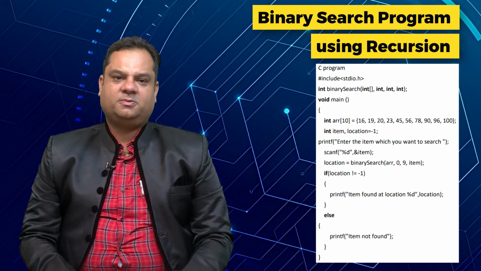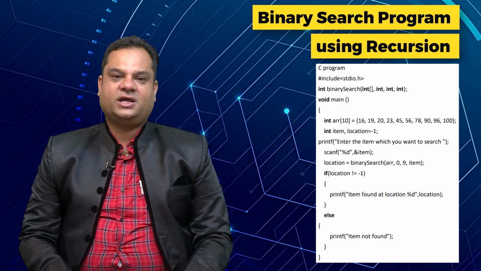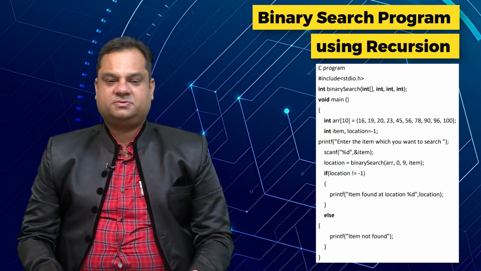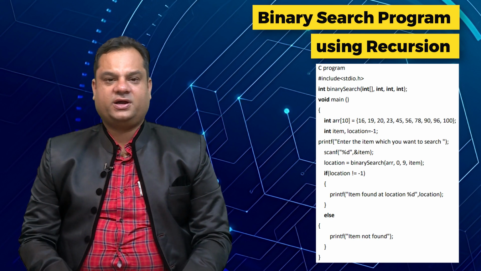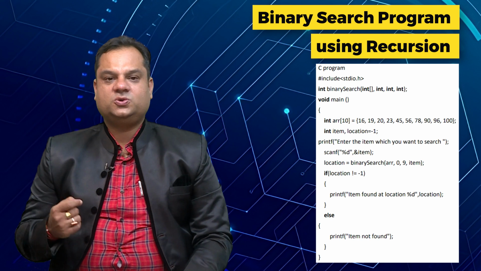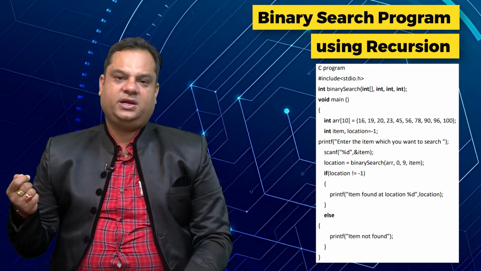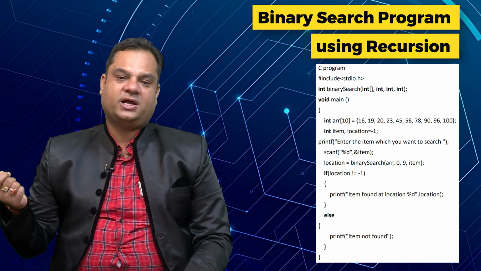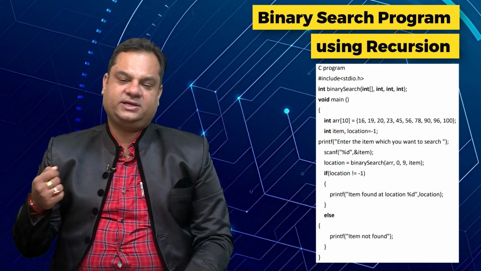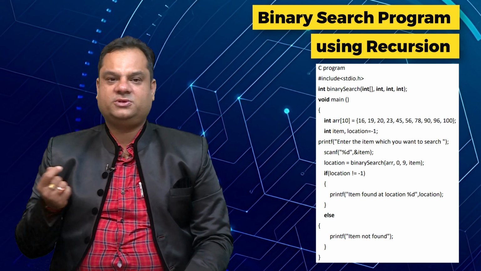Then printf the string "enter the item which you want to search", and scanf with %d for the item. Location equals binary search with parameters array, 0, 9 and item. Indexing starts from 0 and the end is the 9th position, and we find the item we want to search from the list.